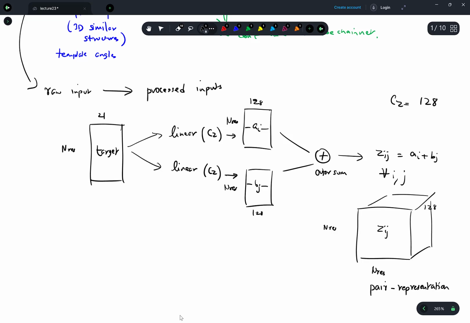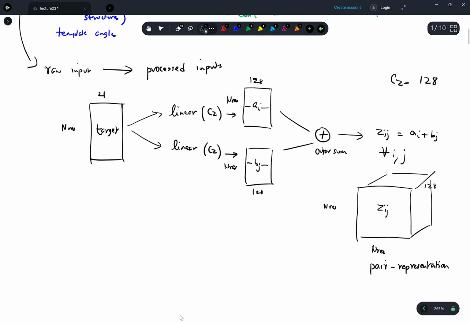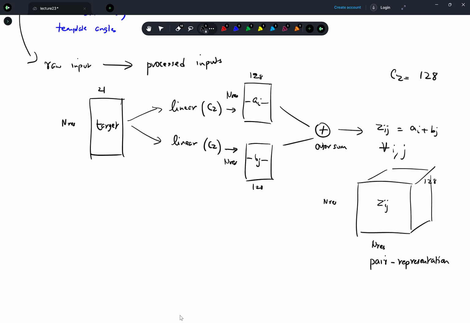We are not done completely with this, because to this we will add relative position information. So we take the pair representation, Zij, and it becomes Zij plus the relative position Pij. And what is Pij?